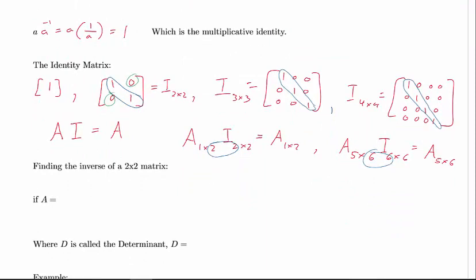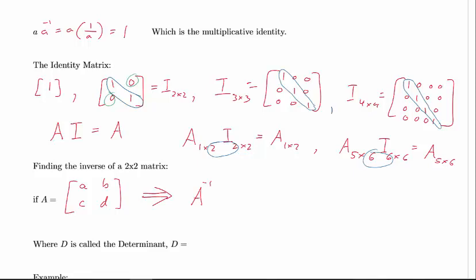So let's look into finding the inverse of a 2 by 2 matrix. If A equals [a, b; c, d], we want to find the inverse, and we've got a nice formula for it.